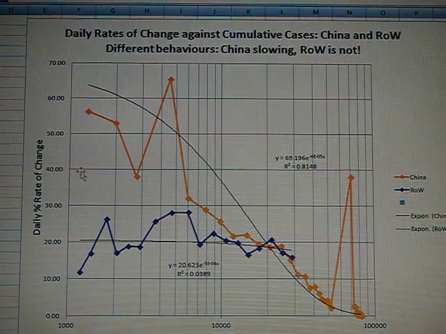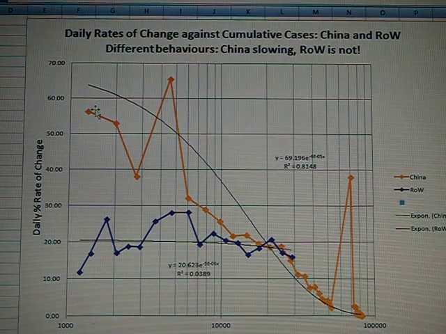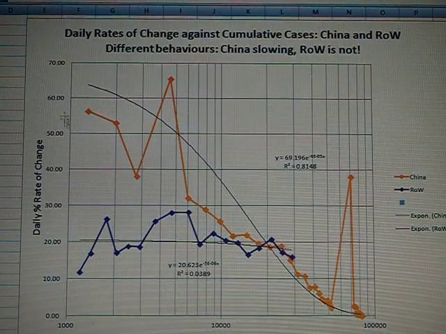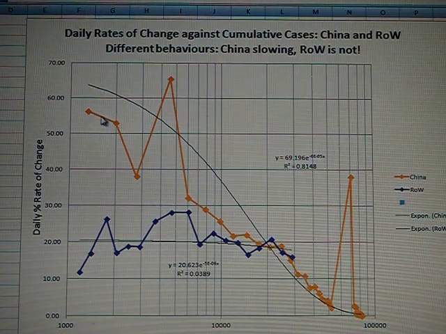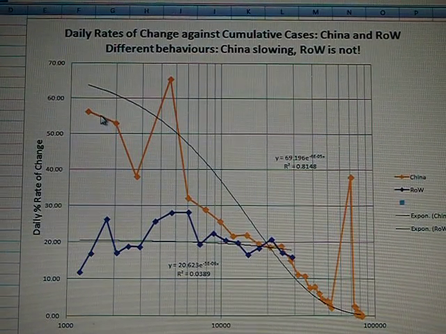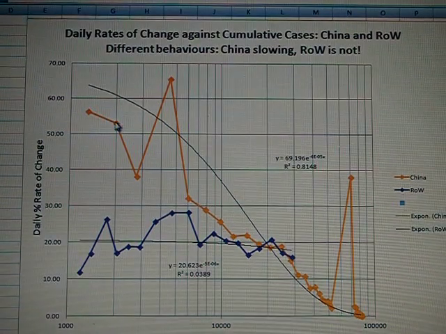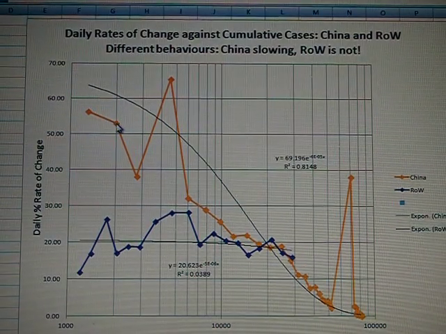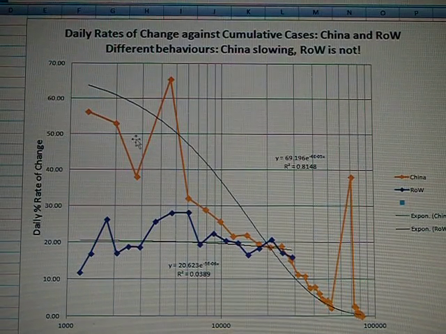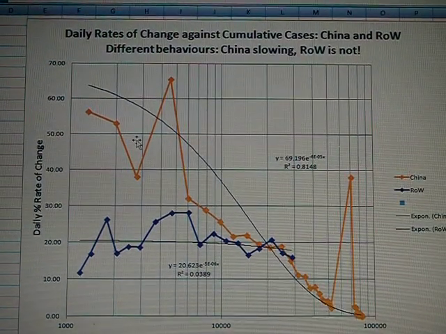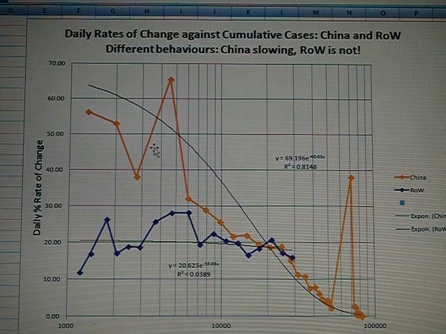So when China had about 1,000 cases back in late January, you had a kind of a 60% day over day increase. So you went from 1,000 to 1,600 to 2,500 to 4,000, etc., doubling in maybe 2 or 3 days. Well, doubling in 2 days actually.